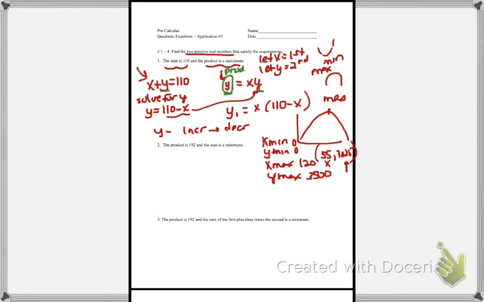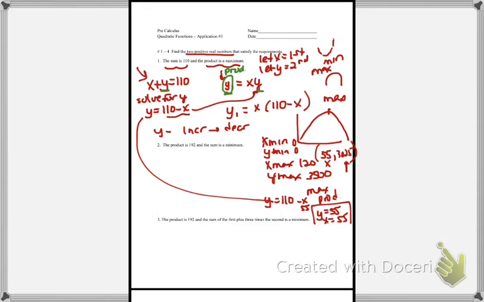This 3,025 is your maximum product. To find your y, come back up here, and y is equal to 110 minus x. So we're going to put in your x of 55, and then therefore y is 55. So we have an x of 55 and a y of 55.